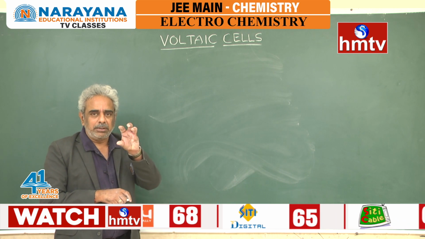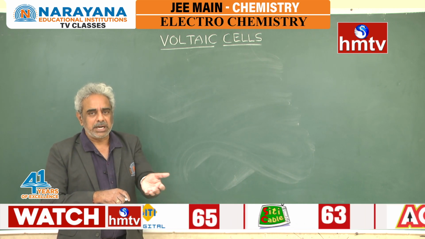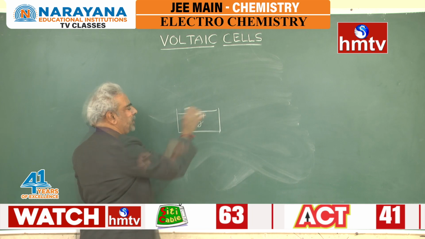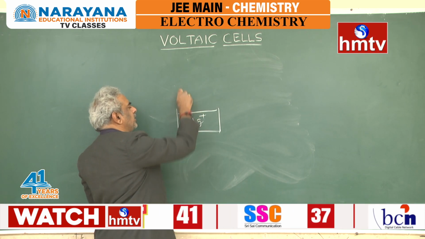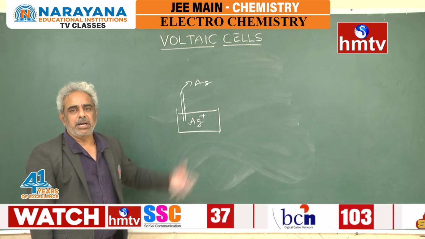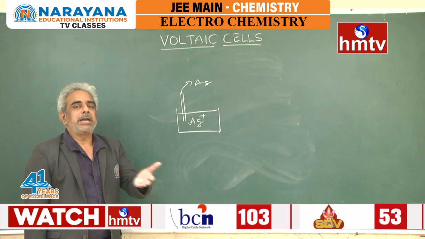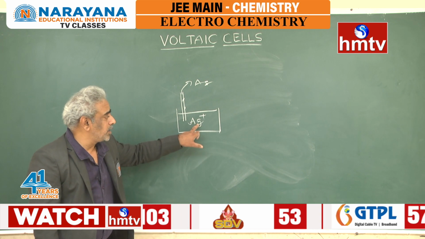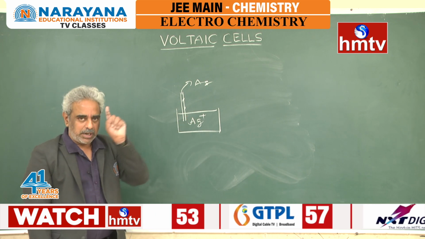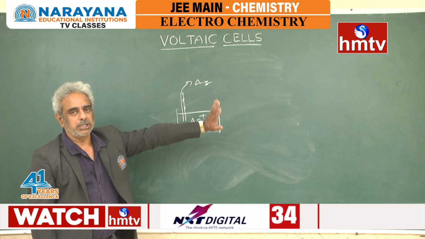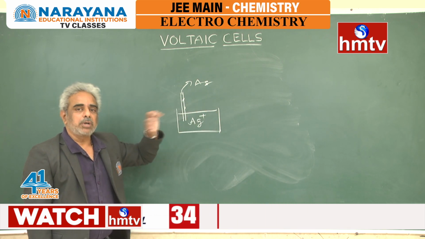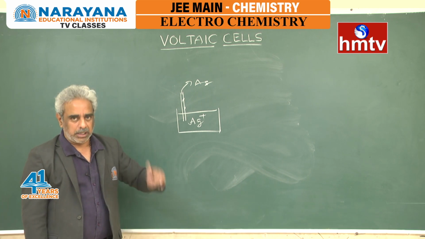Keep silver metal in any solution containing silver ions, aqueous solution. Just keep in contact with silver metal and we can call it silver electrode. When can you call it standard silver electrode? If the concentration of silver ions is 1 m and the temperature is 25 degrees, of course at 1 atmosphere pressure. Such electrode is called standard silver electrode.